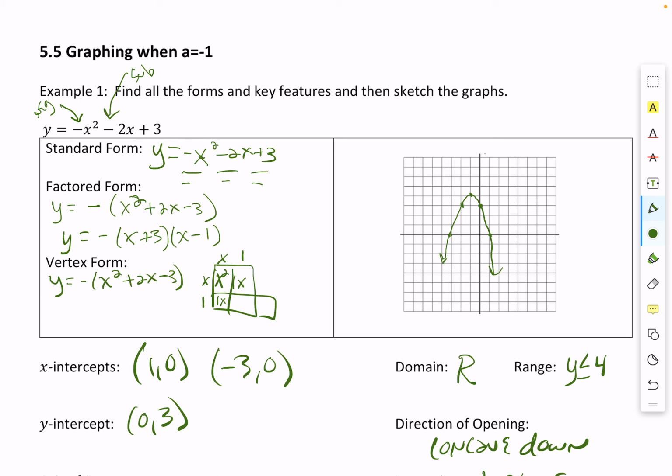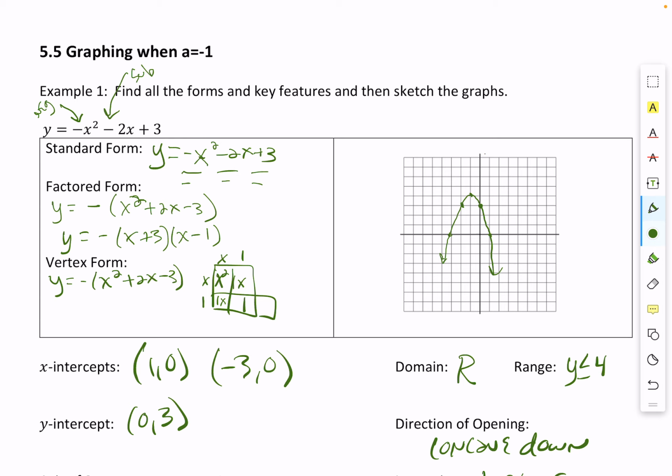Now, if we were doing a normal vertex form, now what? 1 times 1 is 1. So what would the extra box be? Victoria? I can't put it in the word.